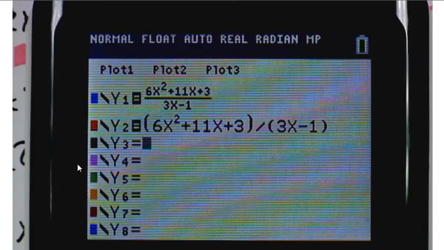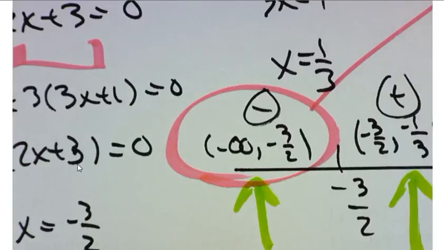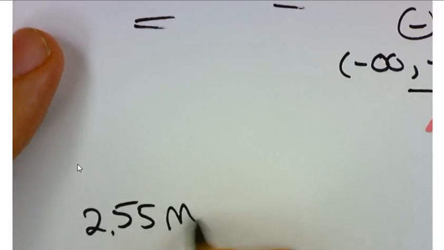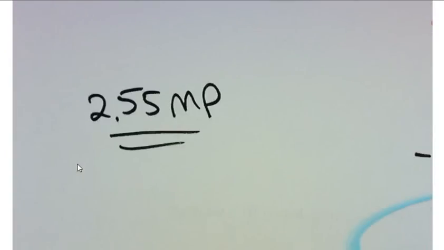You can't do it on yours. Sorry. 83 is too old. 84 can be updated. Okay. Yes. I'm sure it can. 84s can be updated. The operating system you want to get to is 2.55 MP. You're going to need to download some software from Texas Instruments.